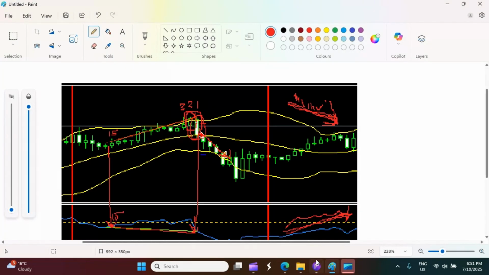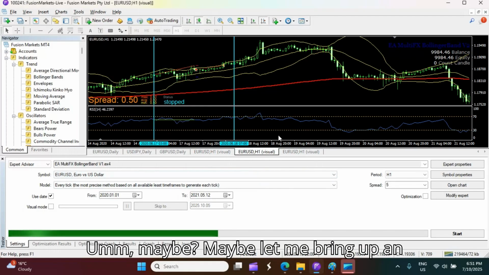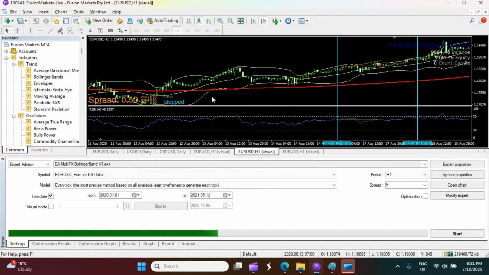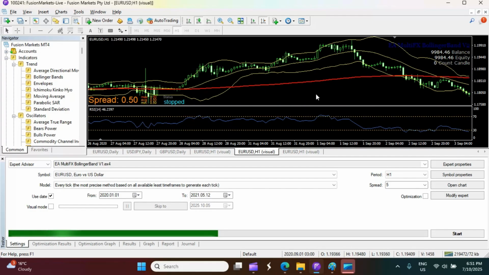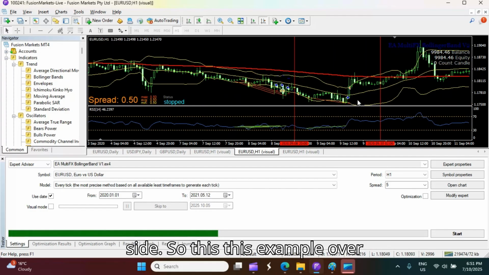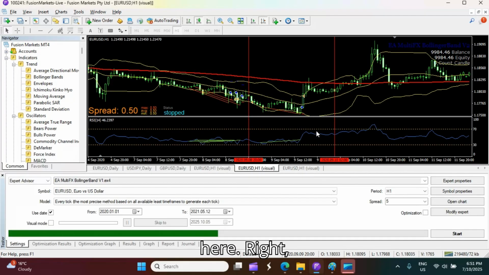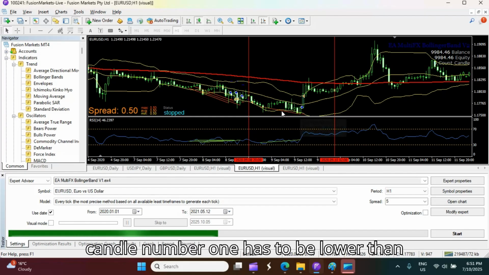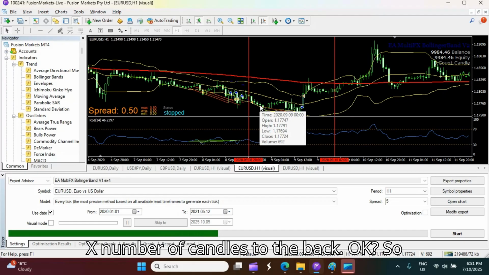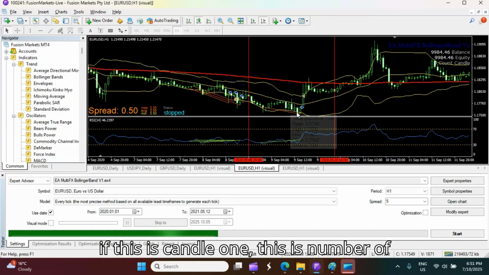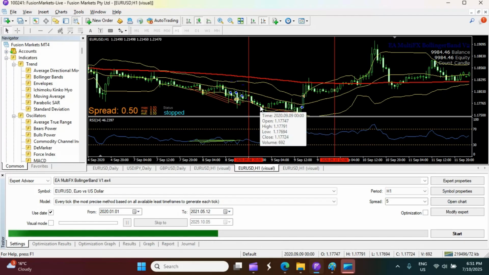let me bring up an example of what that looks like on the buy side. So in this example, we're saying that candle number one has to be lower than X number of candles back. If this is candle one, this is, let's say, 10 candles behind.